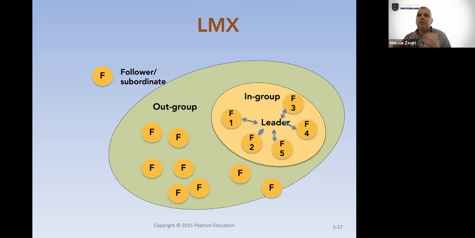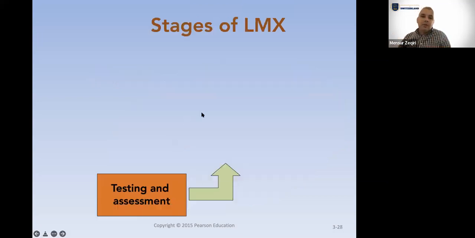So with some of them that belong to the in-group, the quality of relationship is much better than with those that belong to the outgroup. And these are some of the main stages of how the leaders actually put someone within the in-group and someone in the outgroup. So it's the testing and assessment first. They try to see whether you can make it into the in-group or not.